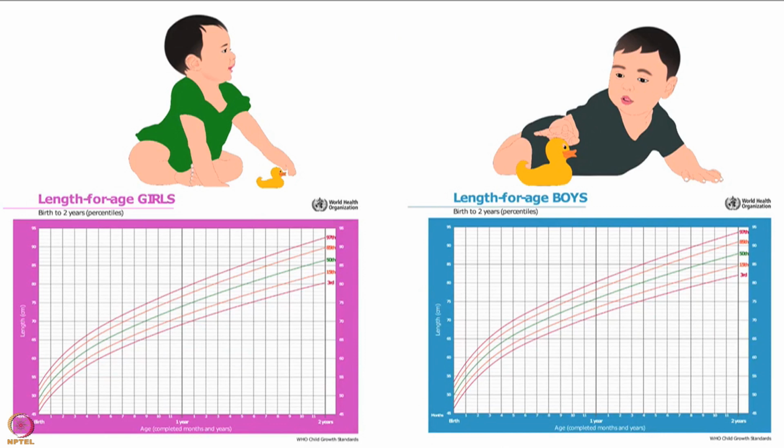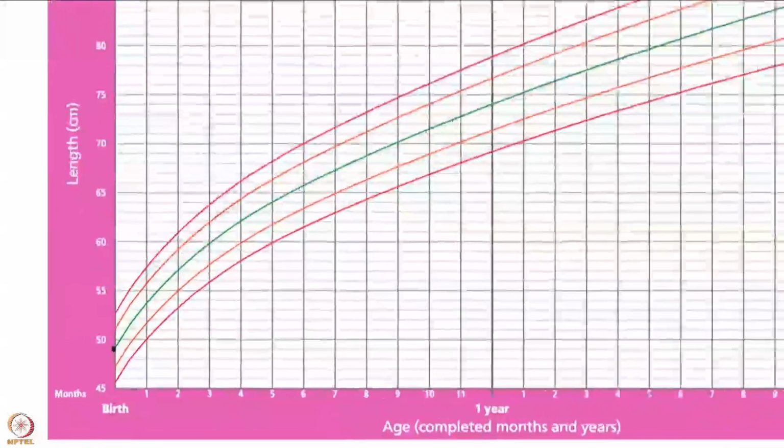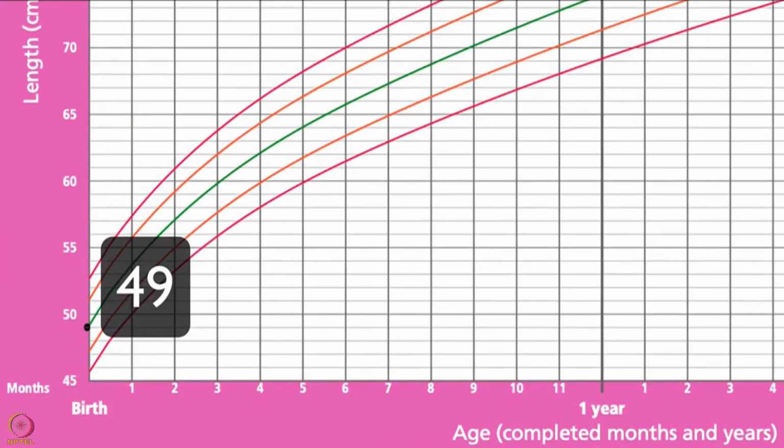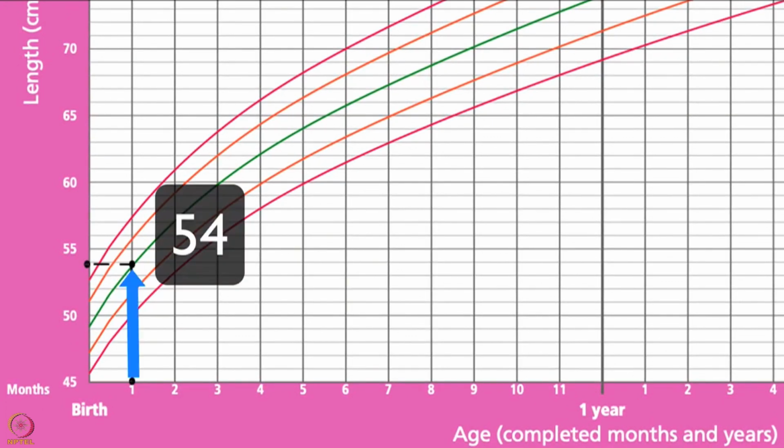Next, let's discuss the average length of a child from birth to 2 years of age. It is along the 50th percentile line in the length for age growth chart. Average birth length of a girl is 49 centimeters. At 1 month, the average length of a girl is 54 centimeters.